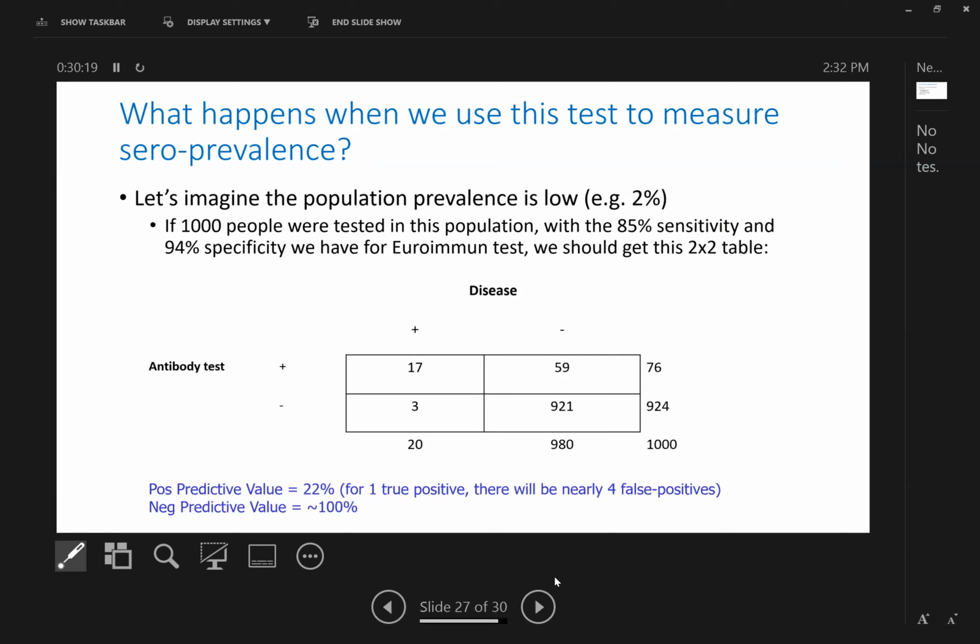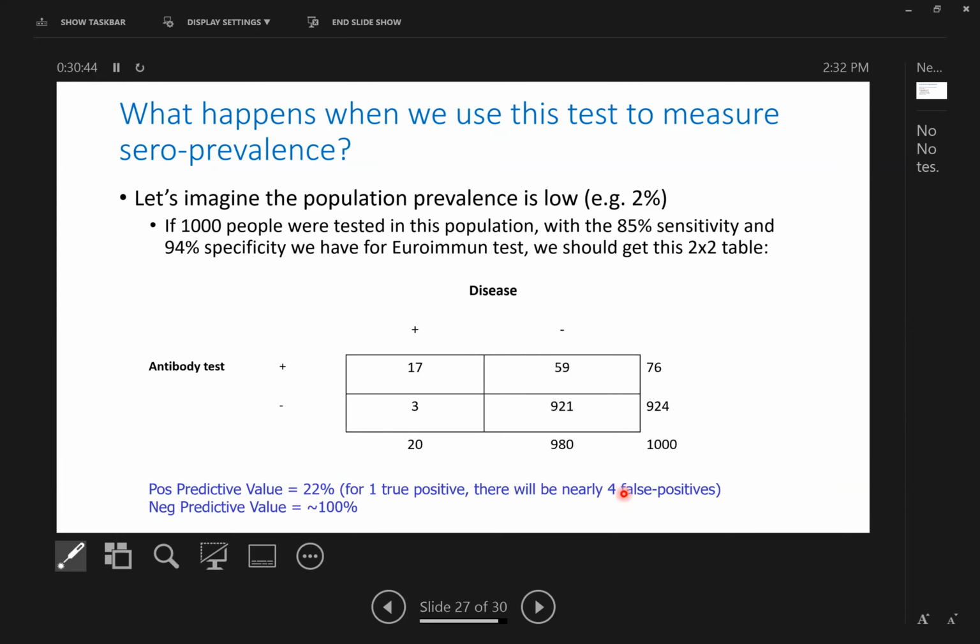If you applied it in a very low prevalence community, the same test with a fairly good sensitivity of 85 and a fairly good specificity of 94 will now have a dramatically lower positive predictive value, which means only 1 in 5 people who are antibody positive will have COVID. The remaining 4 will be falsely positive.